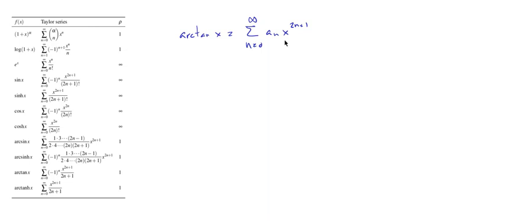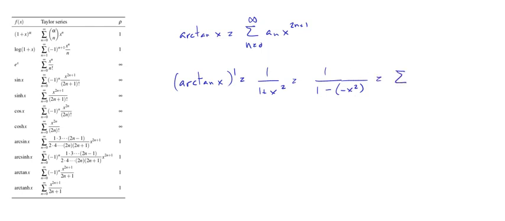Now, so we have this. Now compute the derivative of the arctangent, which is 1 divided by 1 plus x squared, right? And we can rewrite this like this: 1 over 1 minus (minus x squared). But can you think of an expression that reminds you of this? Well, this is a geometric series, right?